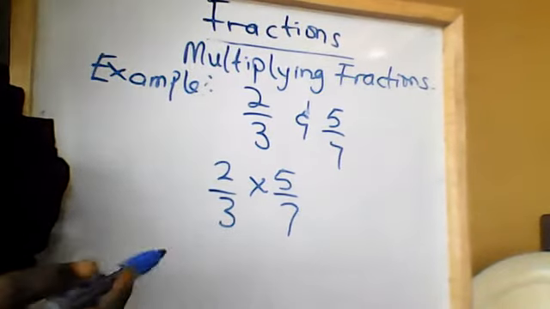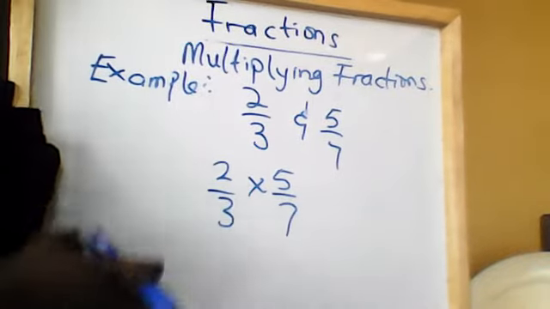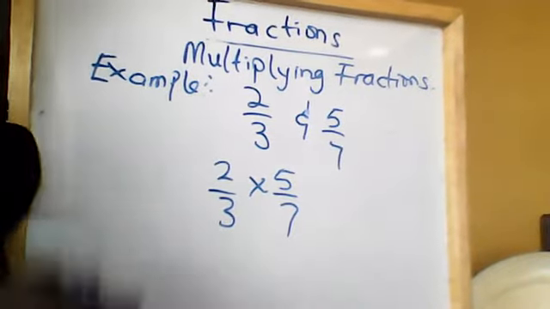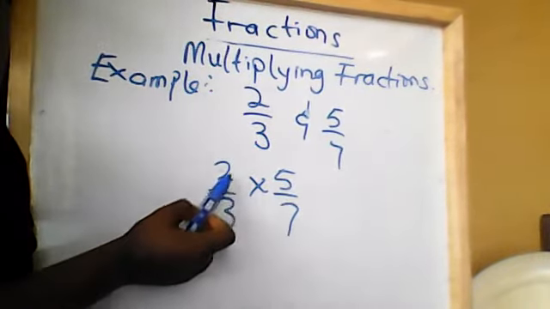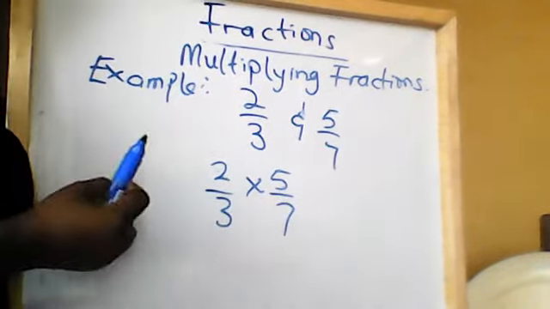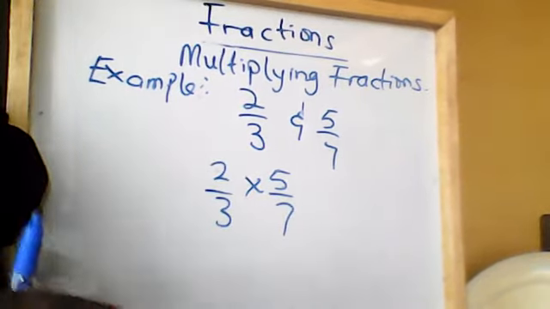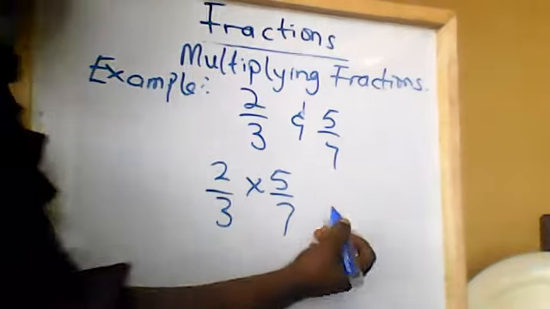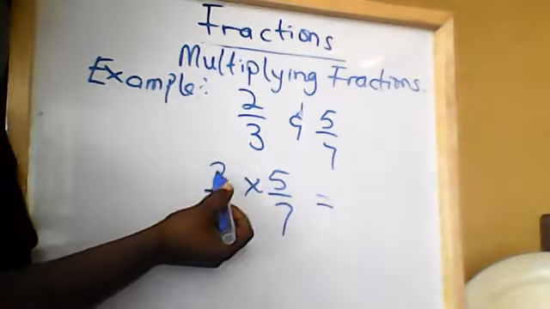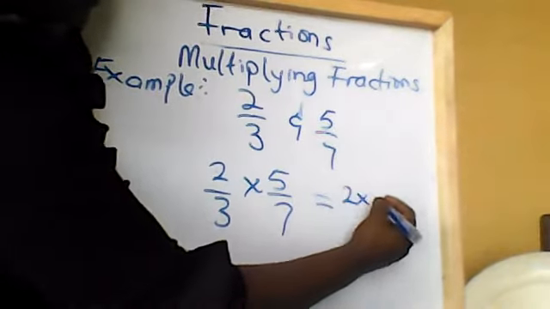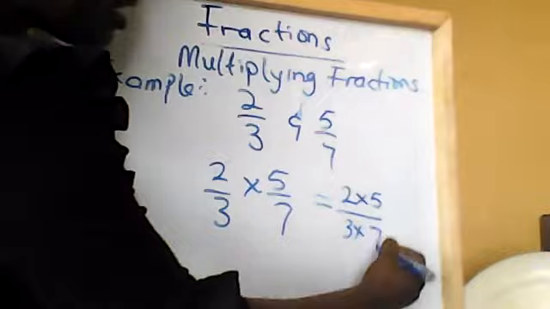Students are often confused when it comes to doing calculations involving fractions. You multiply only numerators together and denominators together, respectively. So to solve this, I can say 2 times 5 divided by 3 times 7.